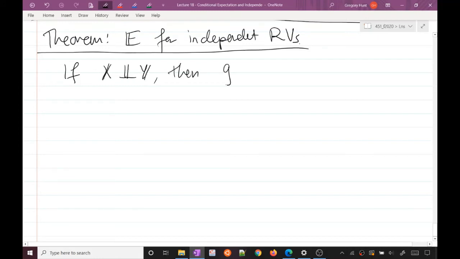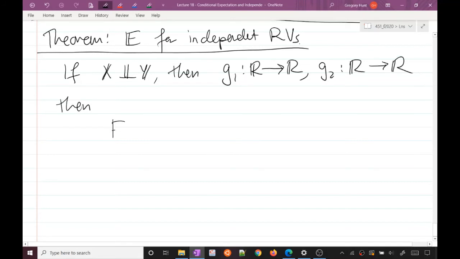Then if we have, let's say, a function g1 that's real valued, and a function g2 that also is real valued, then consider the expected value of g1 of x times g2 of y.